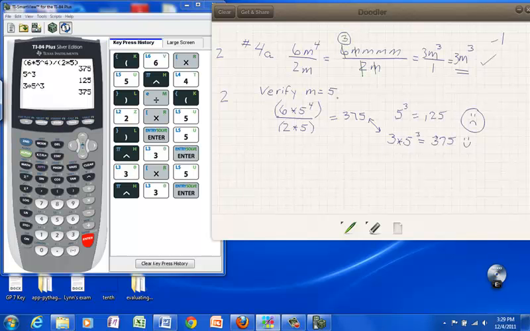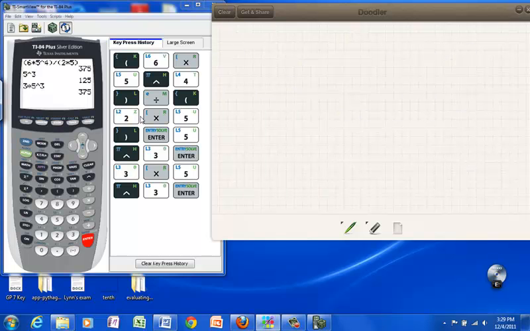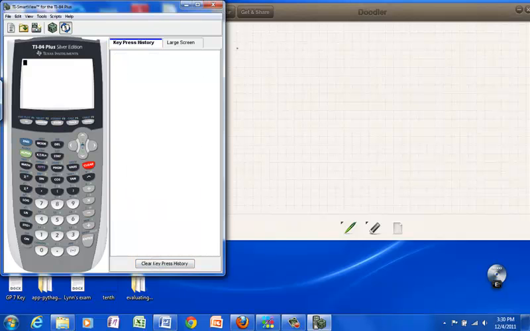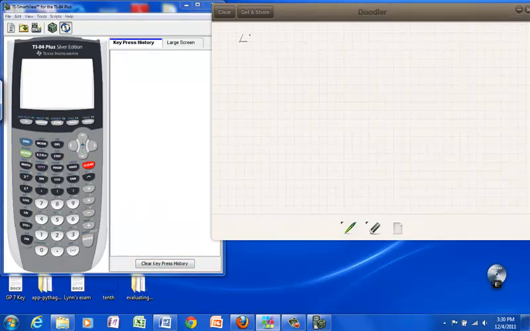All right, let's try 4B. So the original expression is 30k to the 3rd divided by 5k squared.